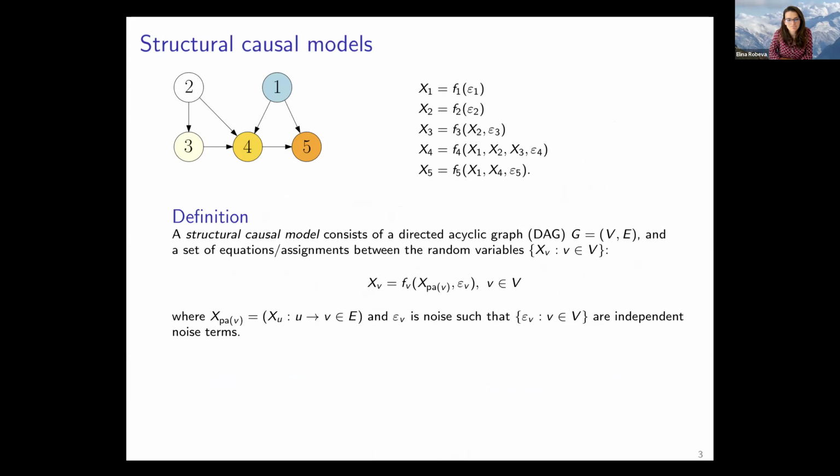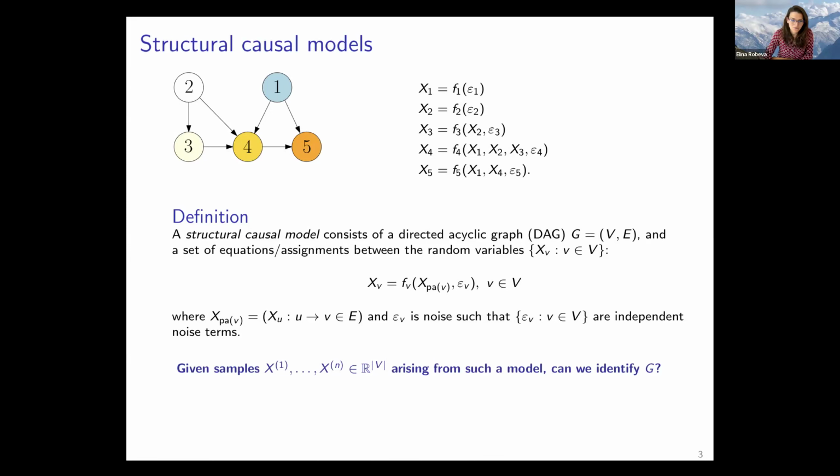And then in general, a structural causal model consists of a directed acyclic graph, or at some point we might have cycles, G, with vertices V and edges E, where there's one variable xv at each vertex, and xv is the function fv of its parents, x parents of v, and the noise epsilon v. And again, we assume that the noise terms are independent. And given samples from such a model, we would like to identify the graph G.